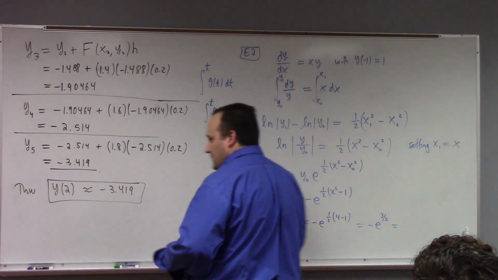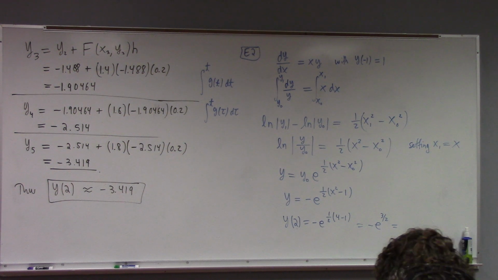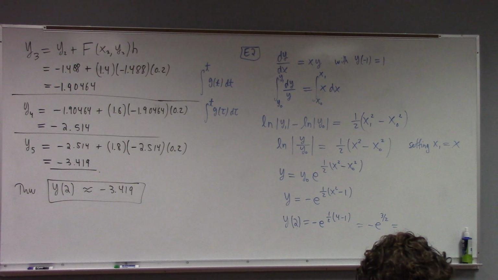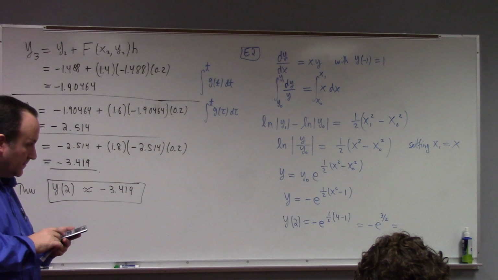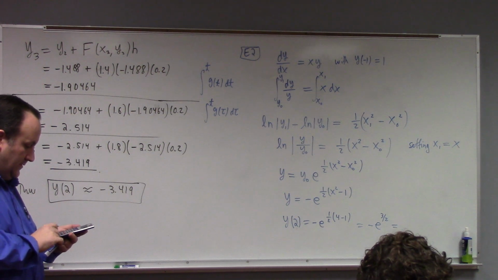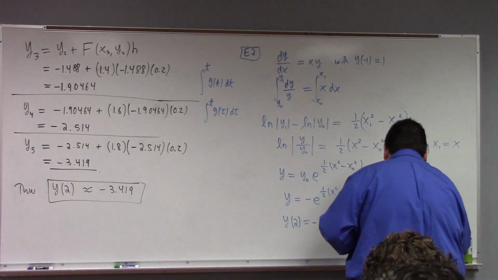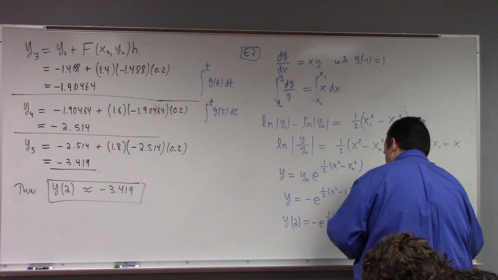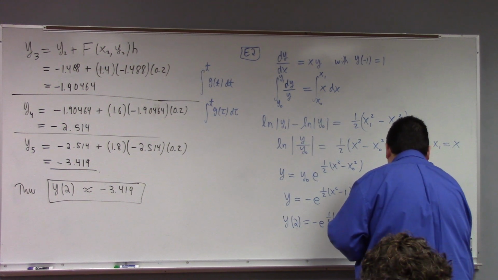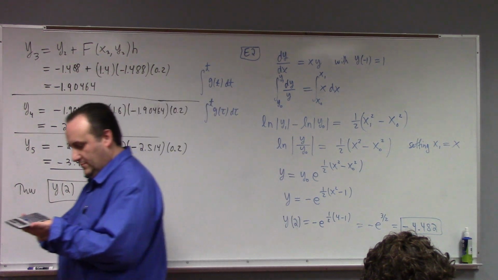I have no earthly idea, but I could figure it out with a calculator. You could figure that out without a calculator, actually, by the end of this course. But at the moment, we'll use a calculator. I get minus 4.482. There you go. So as you can see, we didn't do too well.